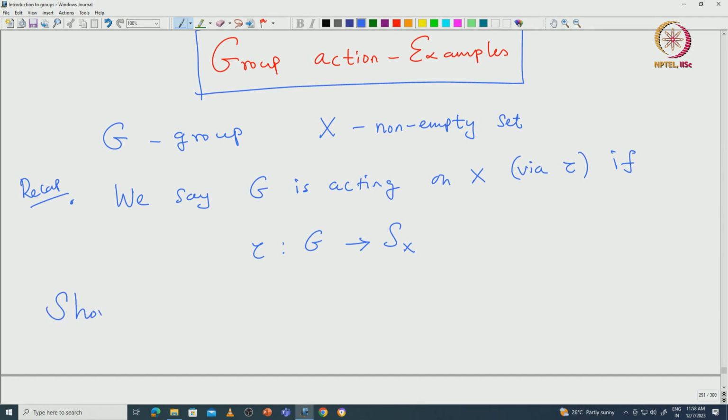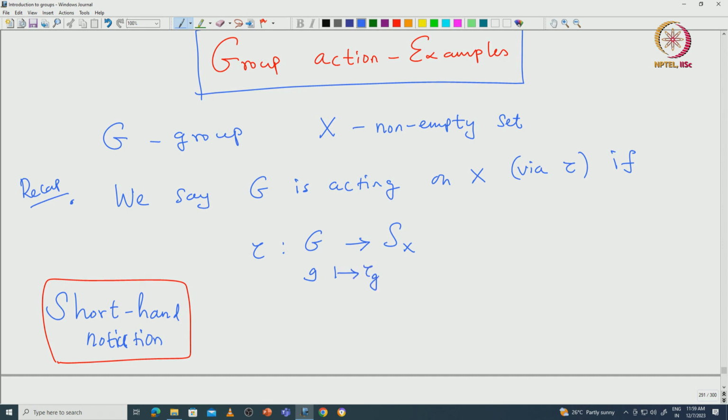So, what is this shorthand notation that I introduced? This is to denote the image of x under tau g. So, here we have g, let us say it is mapped to tau g.